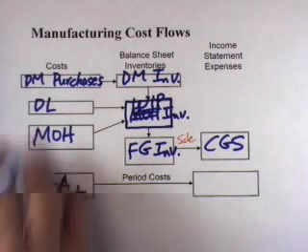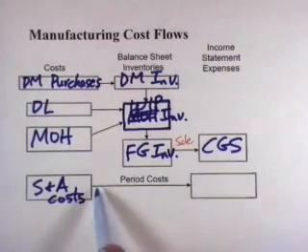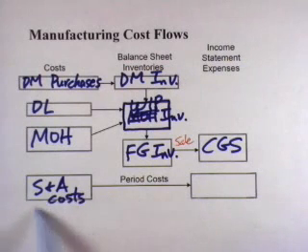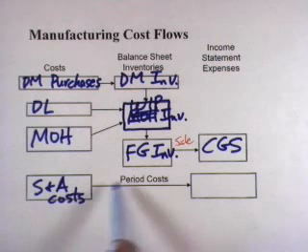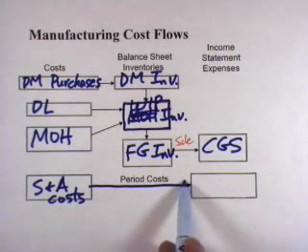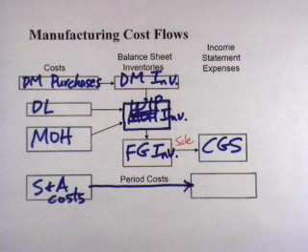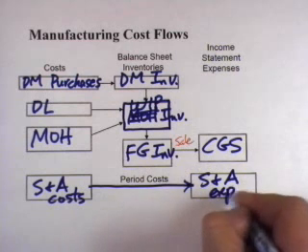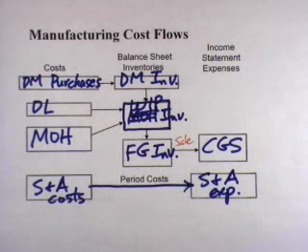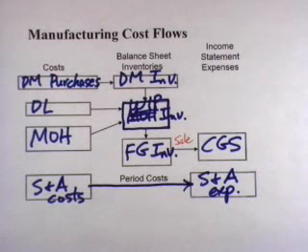All this is different from period costs, selling and administrative or non-inventoriable, non-manufacturing costs that completely bypass the balance sheet and go directly and immediately onto the income statement as an expense called selling and administrative expenses. Sometimes they're also called operating expenses, and they're referred to as period costs.